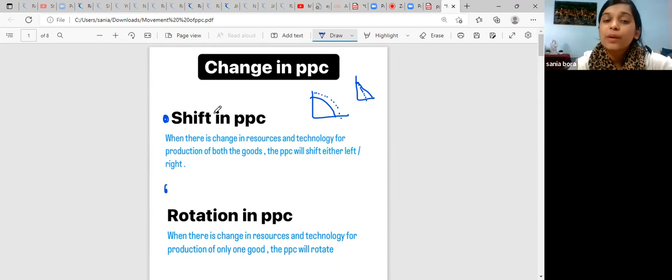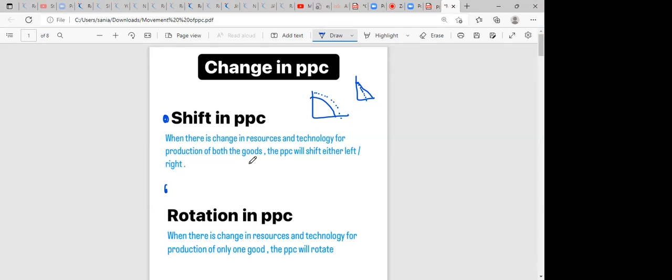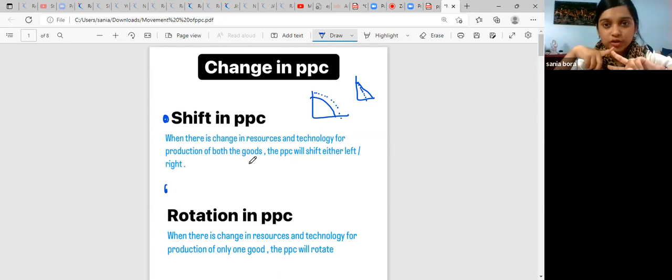Okay. So now, ma'am, when will we get to know whether there is a shift or a rotation in the PPC? When there is a change in resource and technology for production of both the goods, right? You have two things: one is your resource and one is your technology. Plus you have two goods, good X and good Y. This was the assumption we were taking.